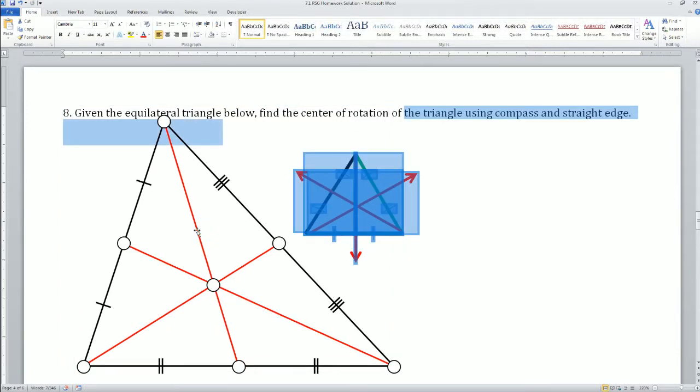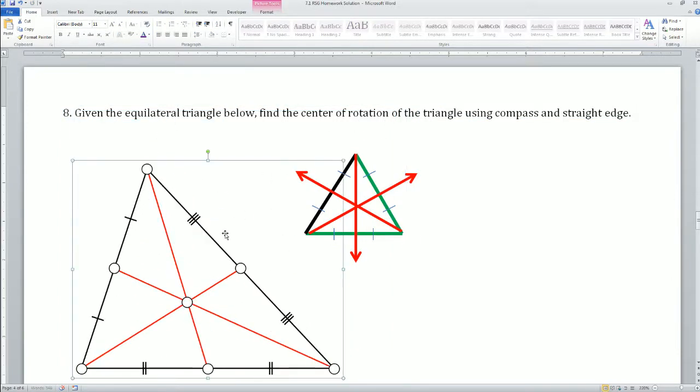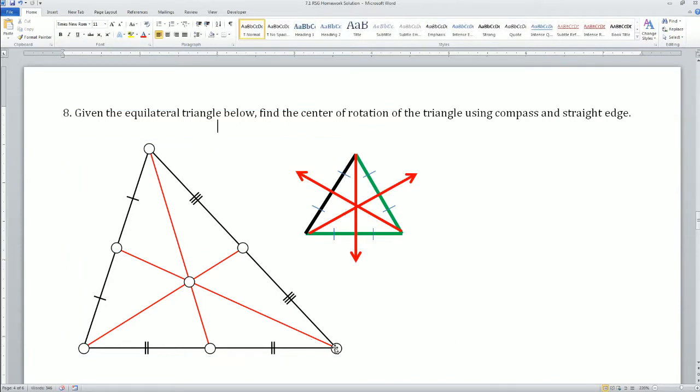Okay. The centroid is created from the vertex to the side, such that you create two equal segments, two equal segments, two equal segments. They're not really perpendicular bisectors because do you see how this is not 90 degrees?